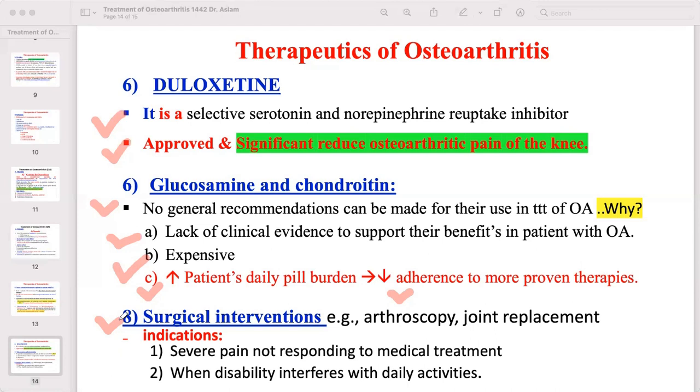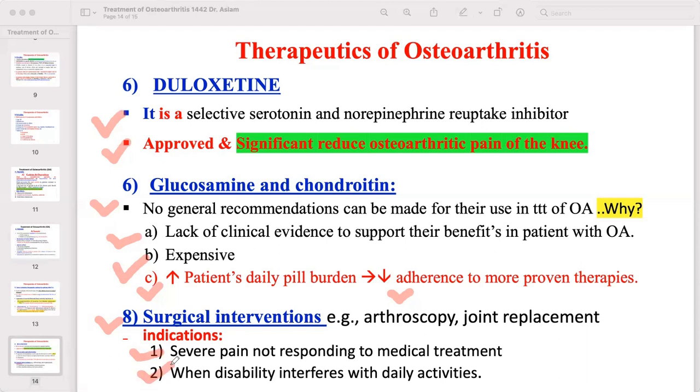The indications of surgical interventions include if the patient has severe pain and not responding to medical treatment, or if the osteoarthritic patient has disability due to osteoarthritis that interferes with the daily activities.